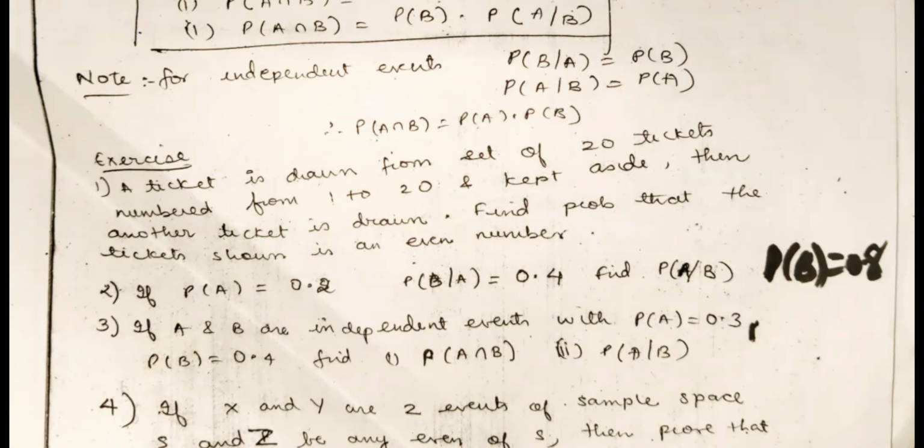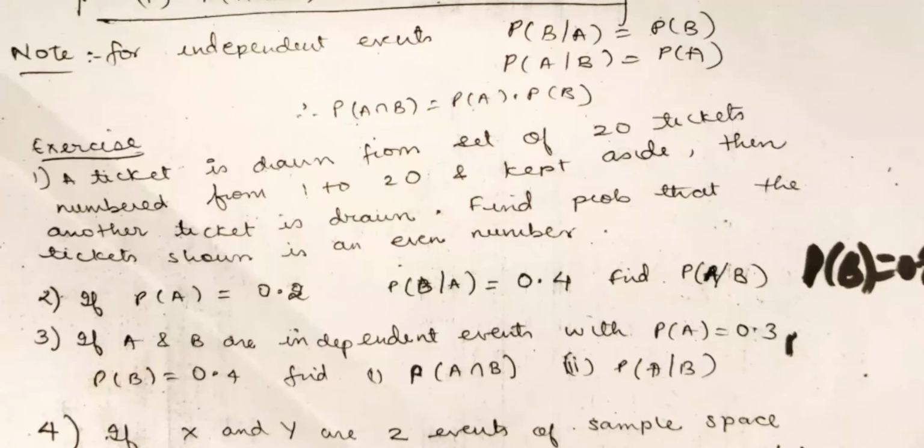If your first one was even number, then it will be one less when you pick up the second time. So basically there are 20 tickets. So you remove one and keep aside. Now you have to see what happens on the second one. Okay, not second one. Directly they're asking what are the chances that it was an even number. Yeah. 2 tickets are drawn. Here it's mentioned. Okay, fine.